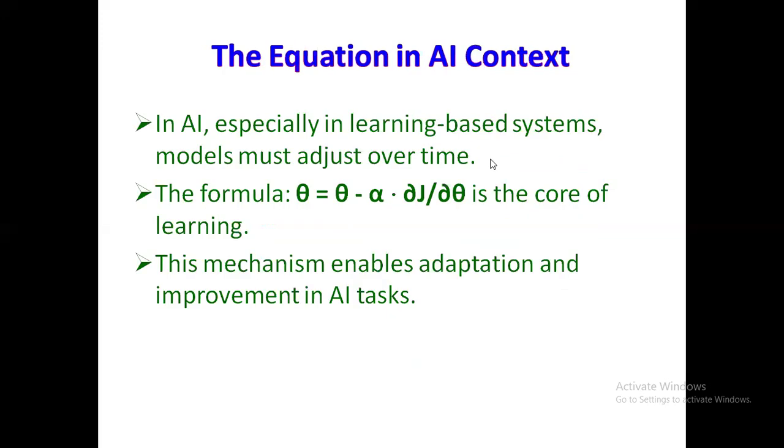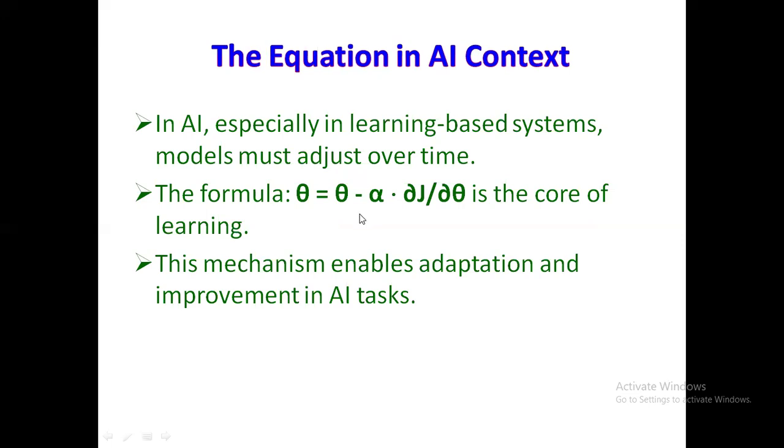Next, what type of equation are we using in the AI context? In the realm of artificial intelligence, particularly in learning-based systems such as neural networks, it is essential for models to evolve by adjusting their internal parameters as they are exposed to more data. This constant refinement is governed by the formula theta = theta - alpha * (∂J/∂theta), which stands at the core of machine learning.